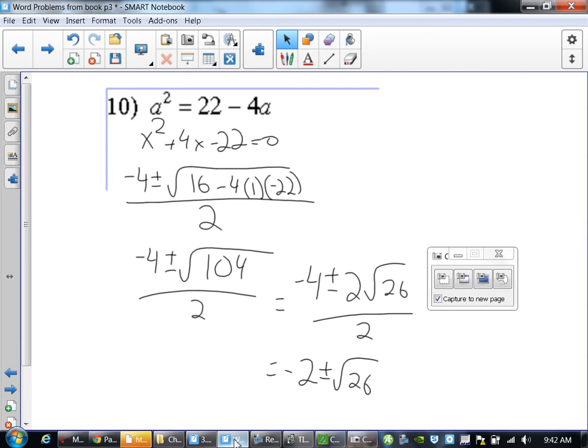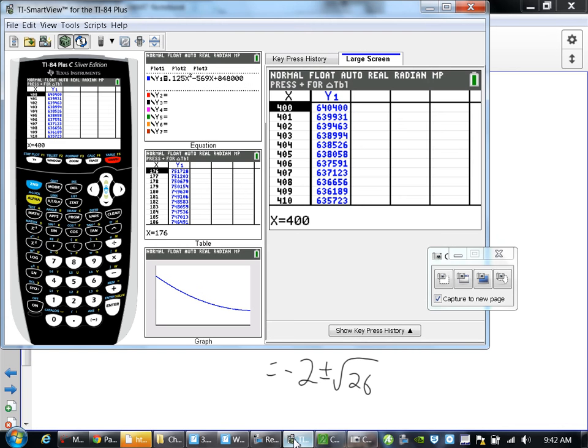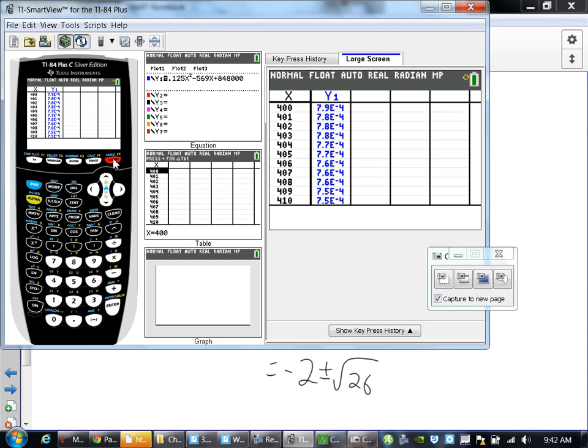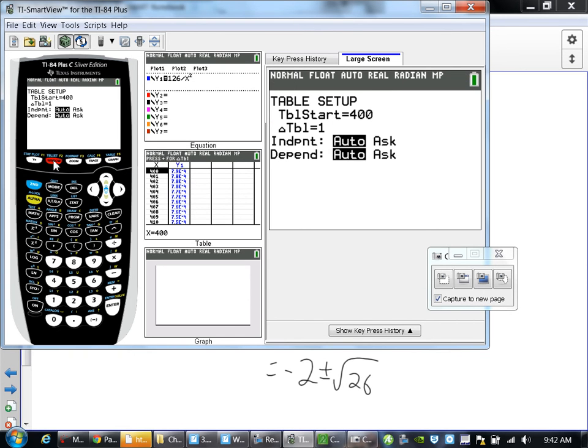Do you guys remember how to simplify the square root in your calculator? Once again, go back to your y equals table. Clear that out. You're going to take 104 divided by x squared. Go to your table. I have to reset my table to start at 0.